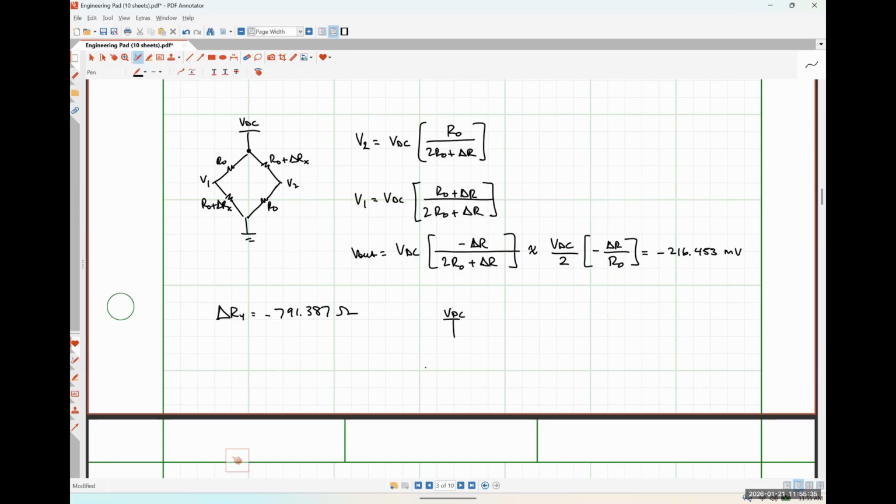So VDC, so all of our R naughts plus delta RXs are going to stay the same. But those other resistors are now going to look like R naught plus delta RYs.